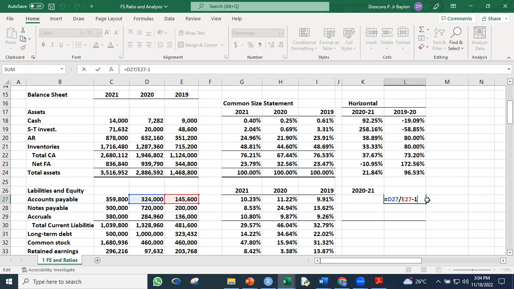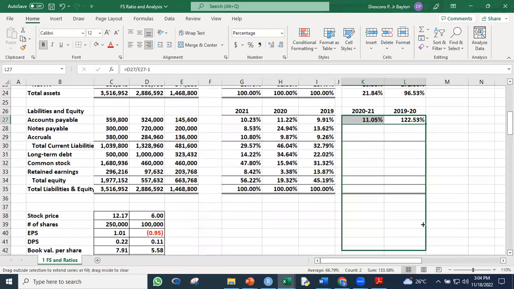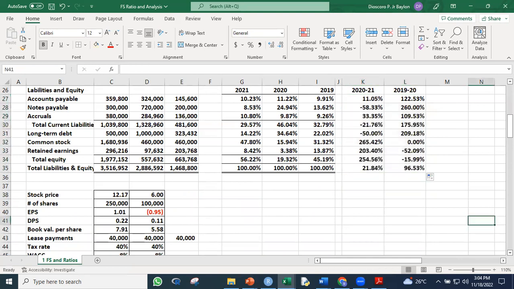So the current figure divided by the previous figure minus 1. And then we can now copy this.